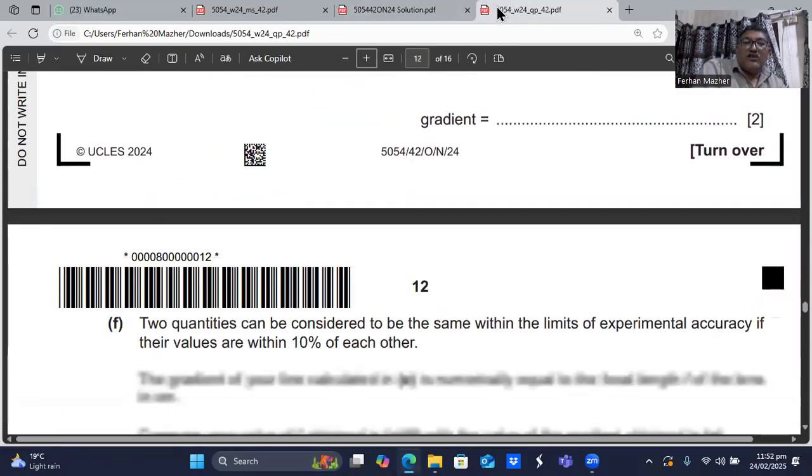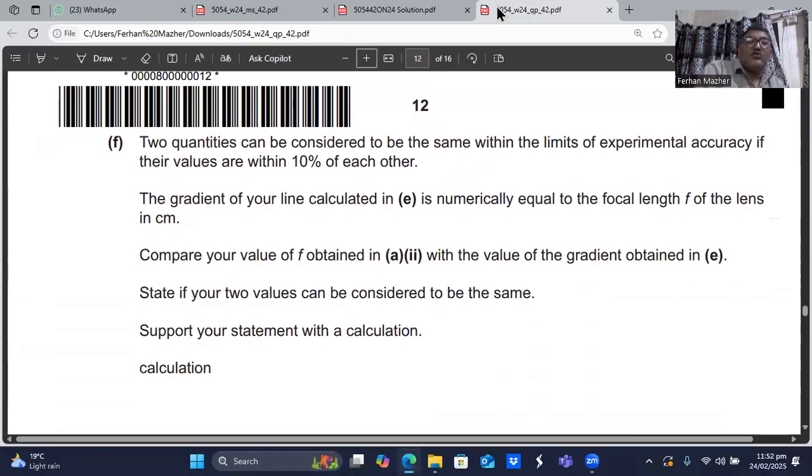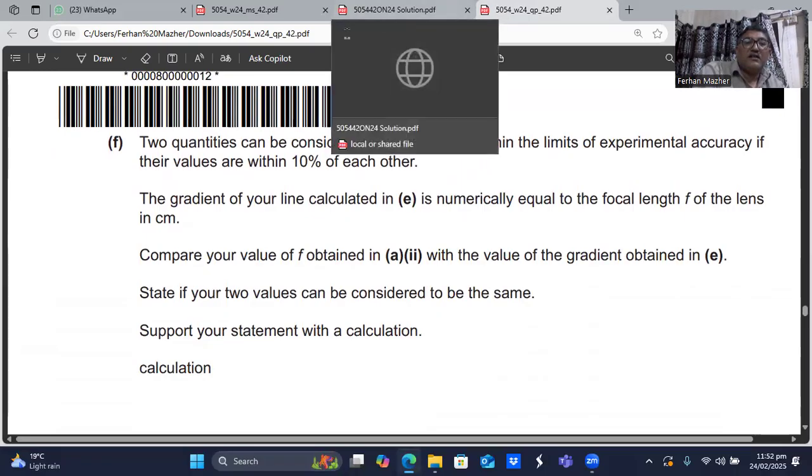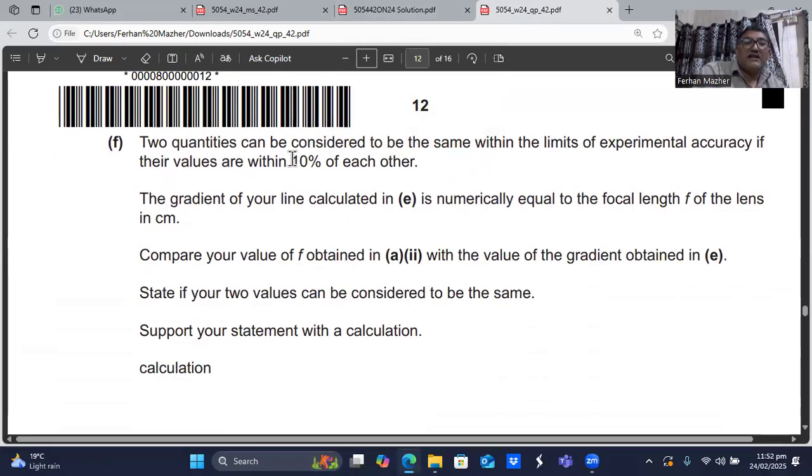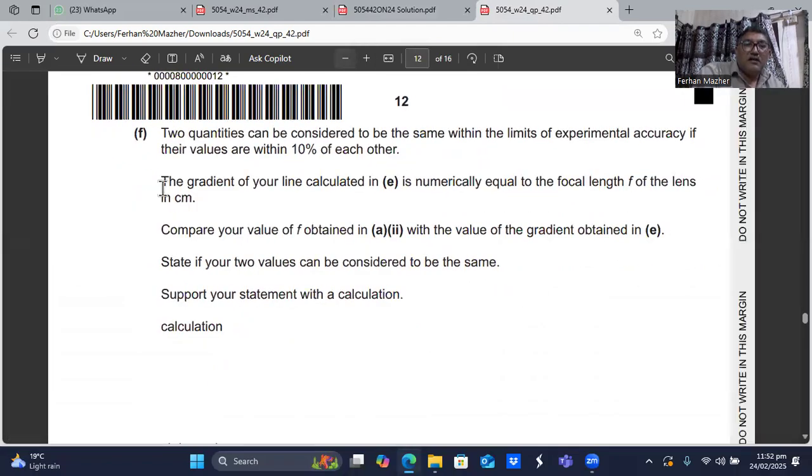Okay, so the next thing is that they are saying that 2 quantities can be considered to be the same within the limit of approximate experimental accuracy if their values are within 10% of each other.